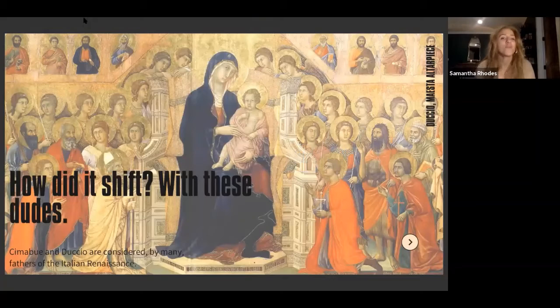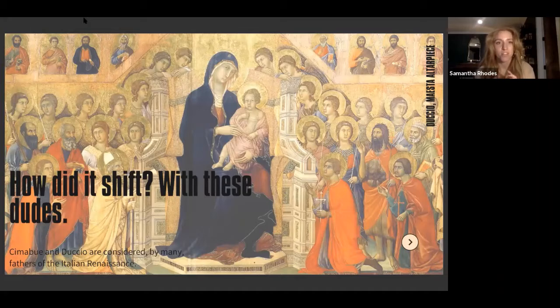So a lot of people wonder where exactly this shift happened between the Byzantine medieval style and the Renaissance style. And it shifted with, like I said, these dudes. Cimabue and Duccio are considered by many the fathers of the Italian Renaissance. You can ask various historians which one really started it.